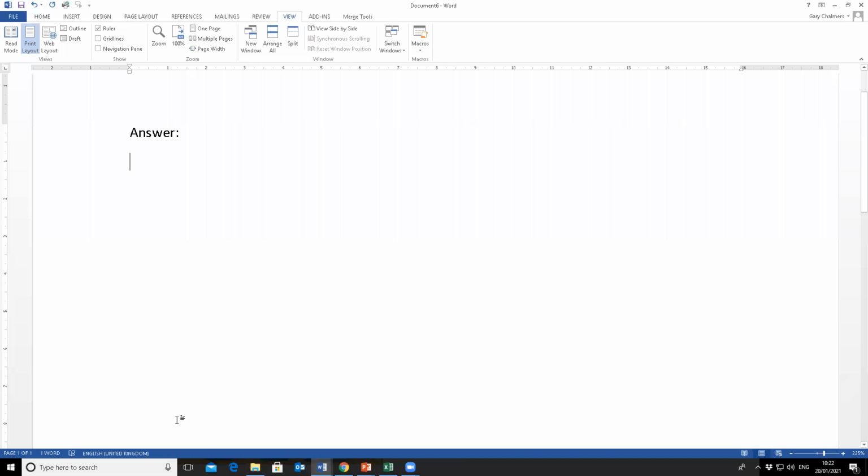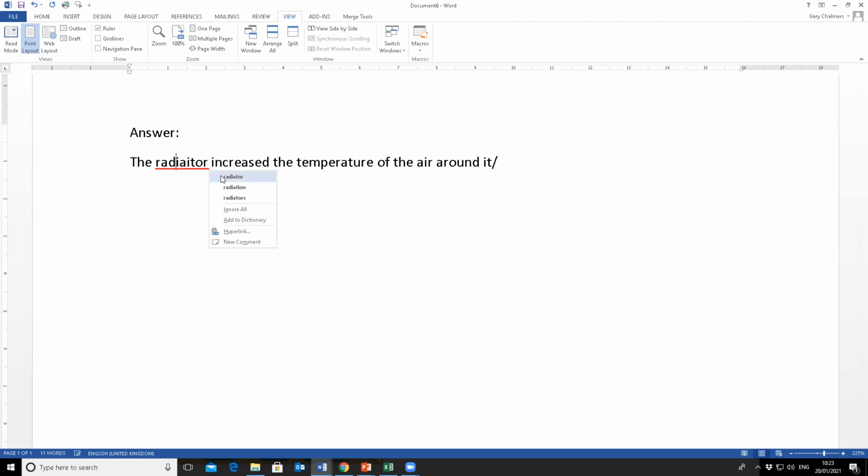The first thing I'd want to say is the radiator increases the temperature of the air around it. Okay, I've spelled radiator correctly.